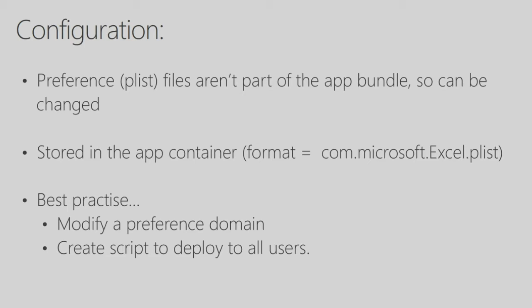Again, if you're using a third-party tool, you're able to lock down these preferences files as part of a configuration XML and push that out along with the app manifest to control what the build of the app looks like for Office for Mac on that particular machine. Our best practice is basically to modify the highest level preference domain and then push that out using a script.